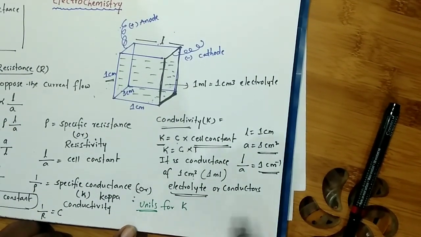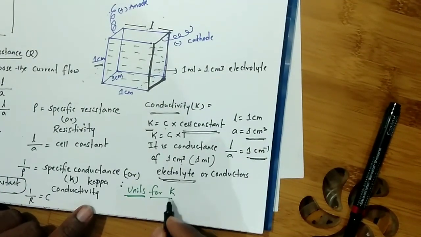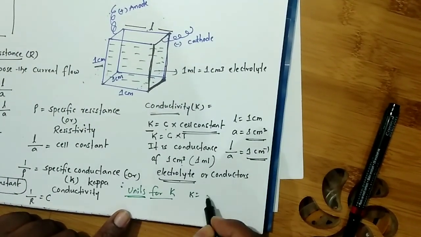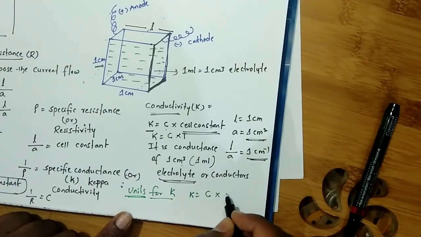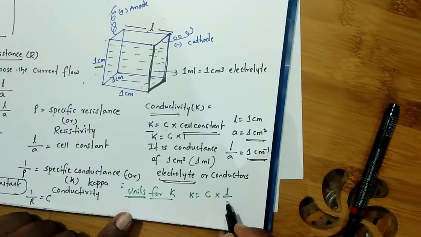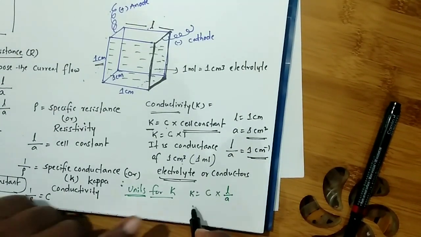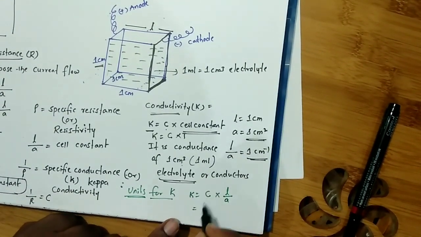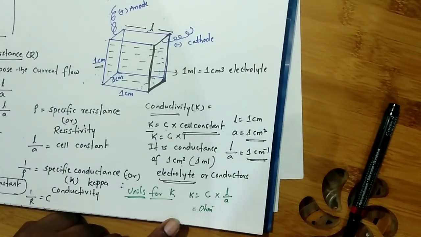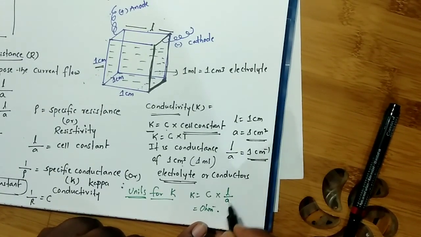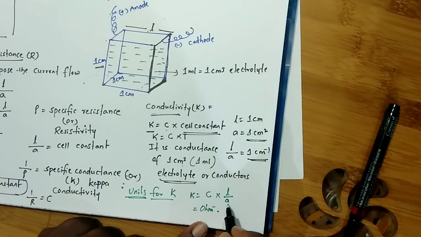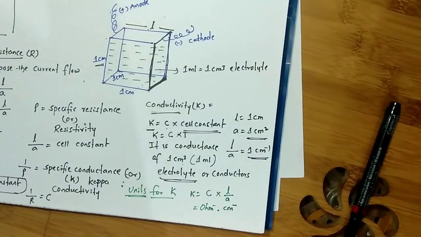Units for K: specific conductance K equals conductance into cell constant, that is L by A. The unit of conductance is ohm inverse, into length in centimeter by centimeter square, so centimeter inverse: ohm inverse centimeter inverse.